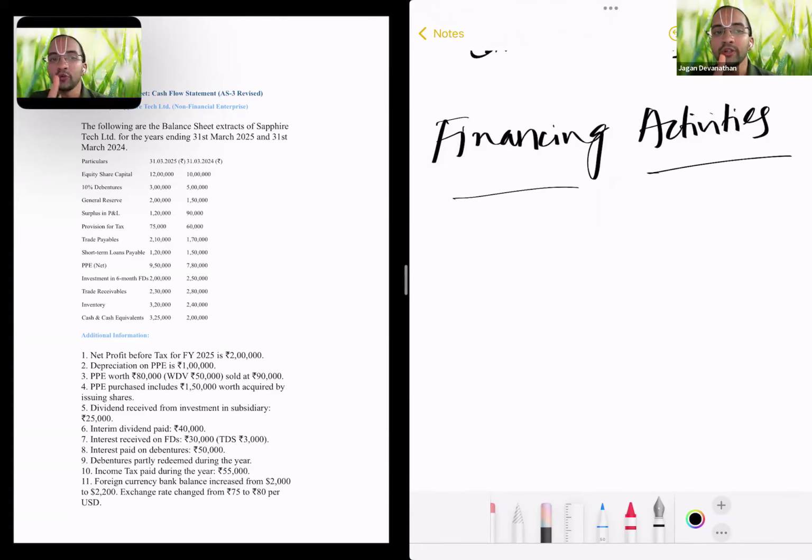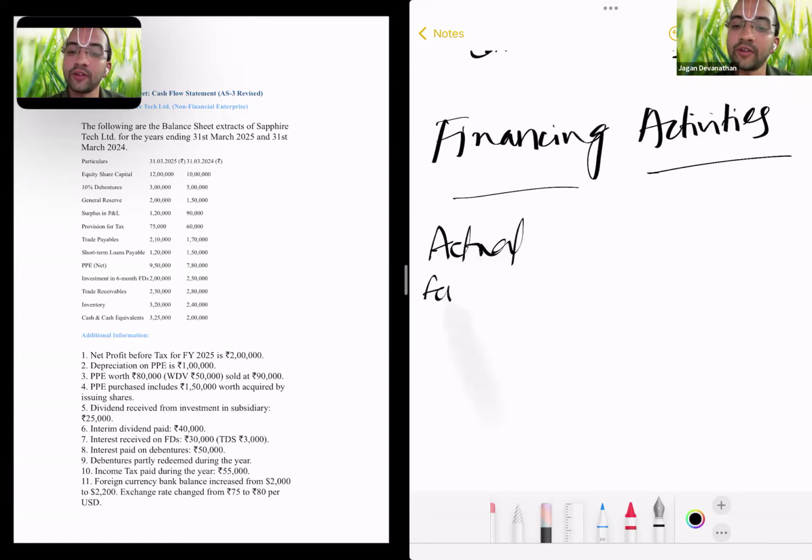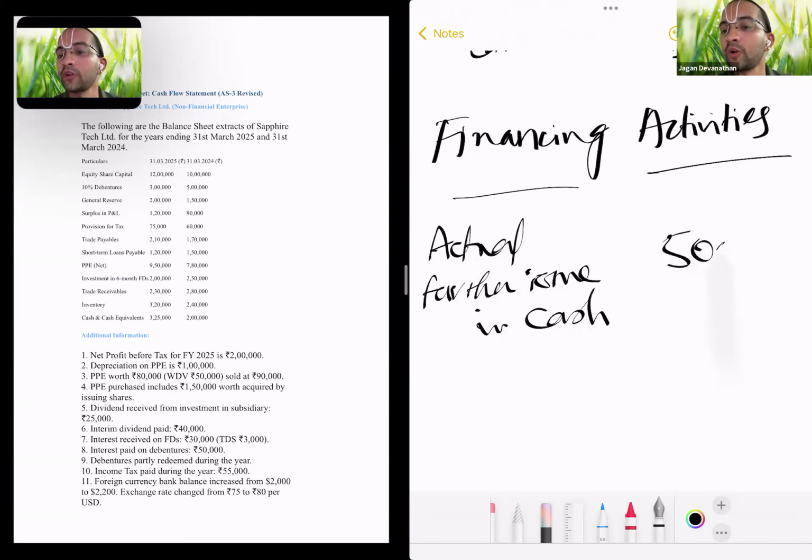We issued shares of 1,50,000 out of the 2 lakh total addition in share capital for purchasing PPE. So the actual cash inflow is 50,000. This is what is most important. The actual issue in cash is 50,000 only, not 2 lakhs. This is the thing we have to understand here.